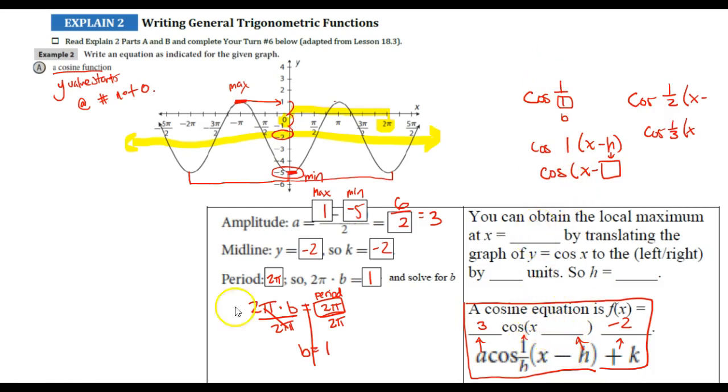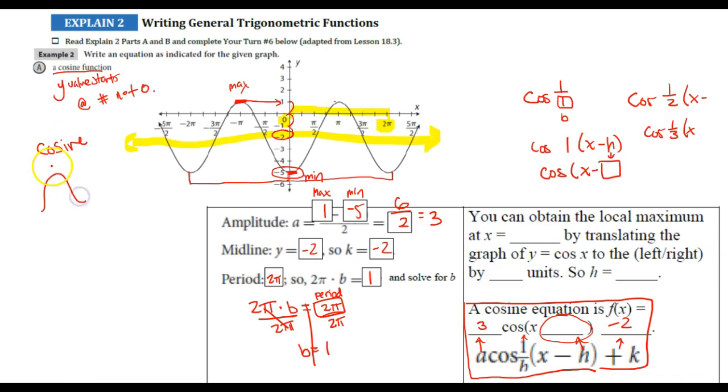Alright, last but not least, we're going to find our h value, which is the last part for our cosine equation. So for my h value, which is the last thing I got to find, I want you to notice something. For a cosine function, not only is it going to start at a number that's not 0, usually our cosine functions will start at a high point, right?